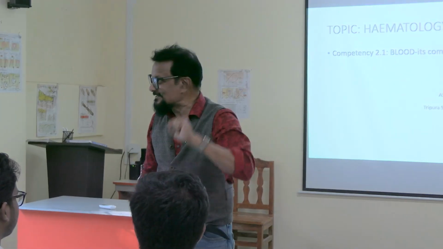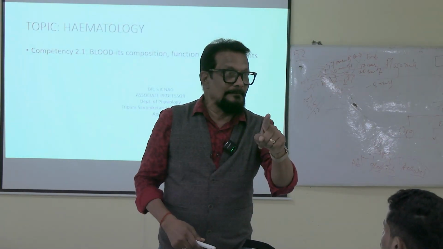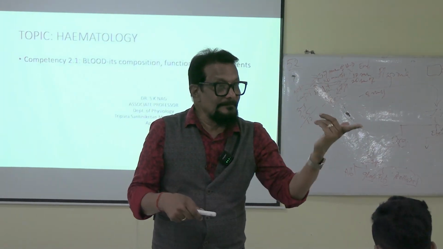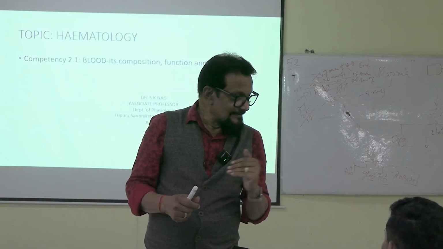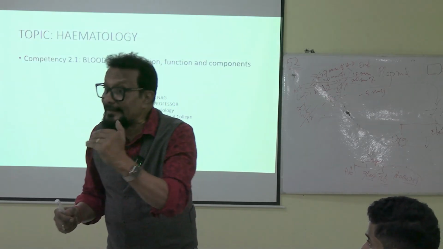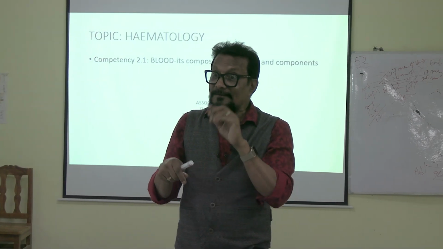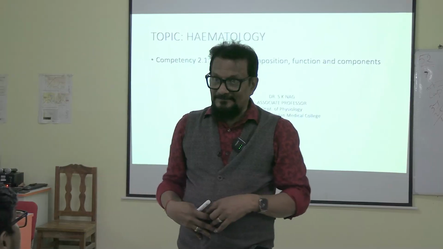So, initial vasoconstriction. Remember everybody. Initially, when injured, what will happen? Injury, vasoconstriction. Then platelet adherence to the injured area. Because of adherence, the platelets will be aggregated.